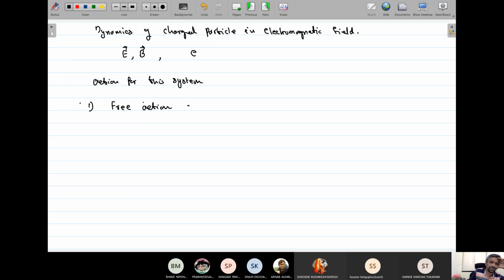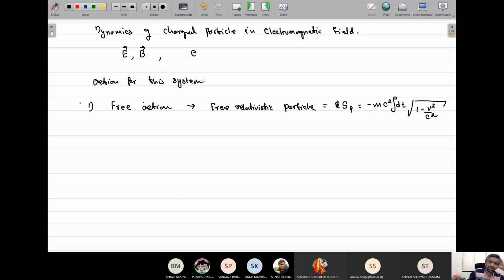The free action is just what we already know, the free relativistic particle, which I will call L_free or S_free, given by minus m c squared integral dt square root of 1 minus v squared divided by c squared.